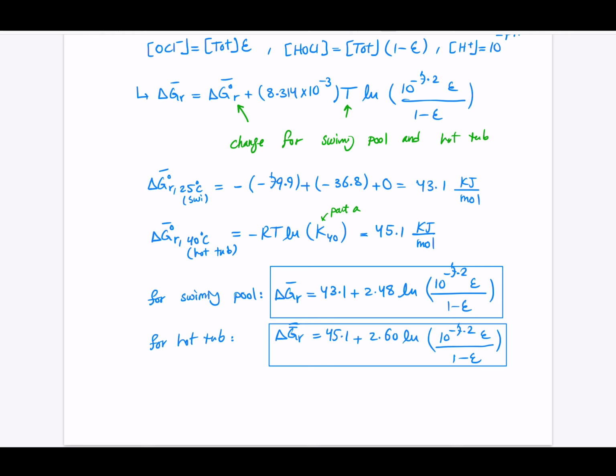So we know how delta G, the Gibbs free energy, would change as the reaction progressed from the extent of 0 to 1 for the swimming pool and the hot tub.